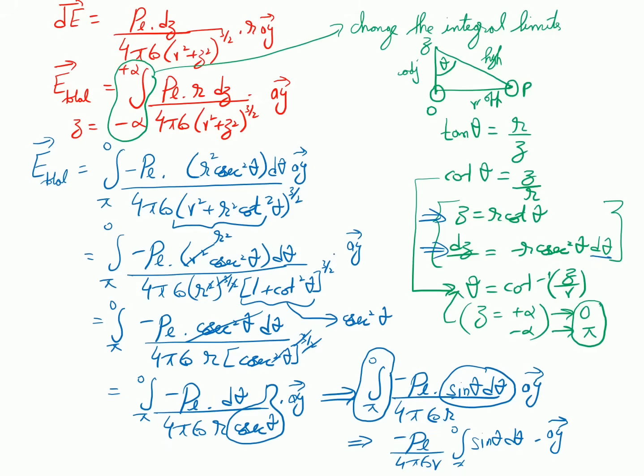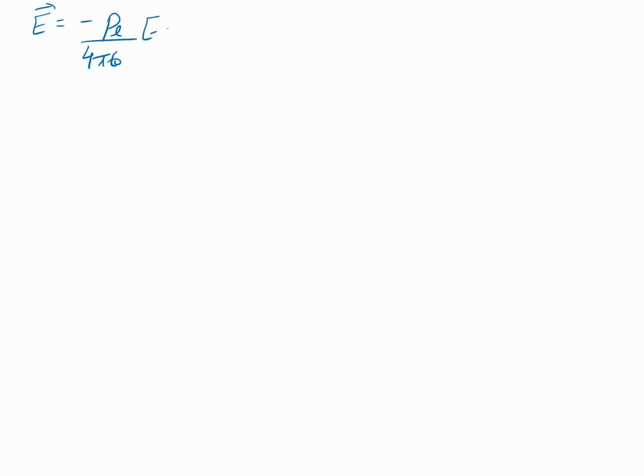So now the electric field comes out to be minus rho of L divided by 4 pi epsilon naught, and if you integrate sine theta, it comes out to be minus cos theta. You input the values, so you get minus cos theta with limits from pi to 0 along ay, and once you input the limits into cos theta, you should get the answer, after simplification, as rho of L divided by 2 pi epsilon naught r into a of y.